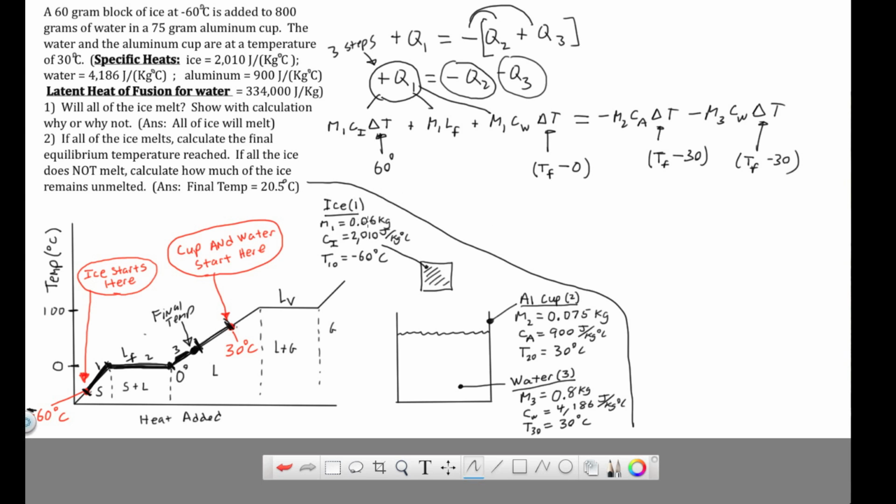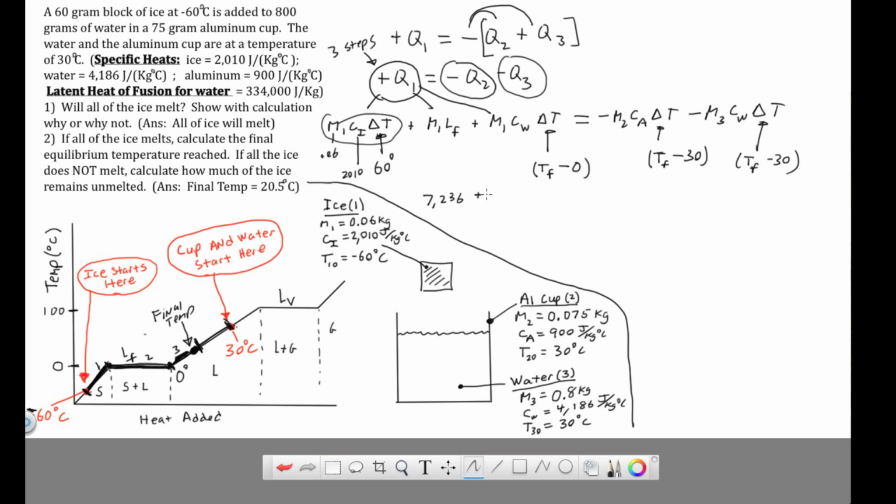So all the data is listed here. M1 is 0.06. The specific heat of ice is listed right here, 2010. So just to make the video a bit quicker, here's what this is going to simplify down to when you punch the numbers in. This is going to be 7,236. That's M1. That's this part right here.